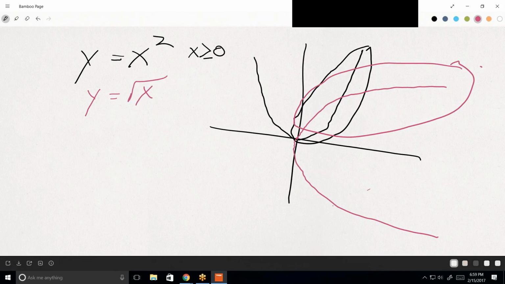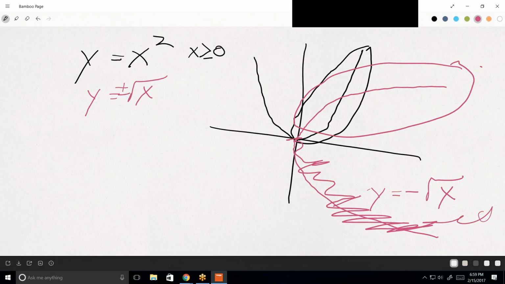The bottom half is y equals minus square root of x, because when you actually solve this, you get plus or minus. So that's how you get the horizontal parabola. But in order for it to be a function, it has to pass the vertical line test, so you have to get rid of that part there.